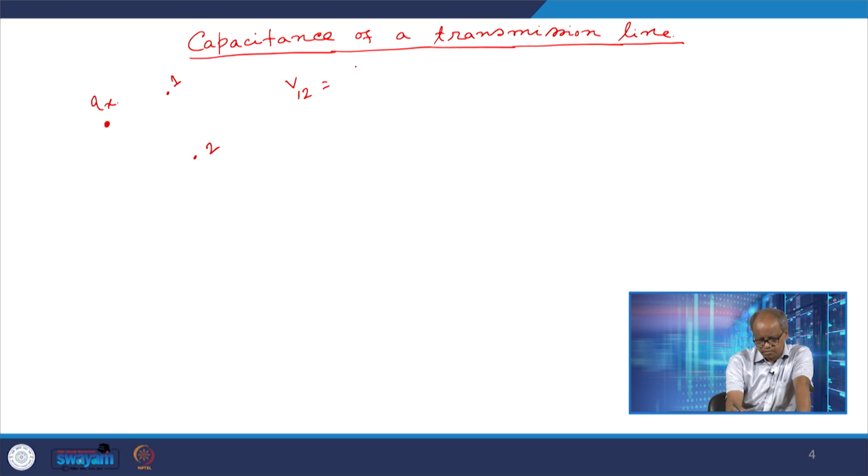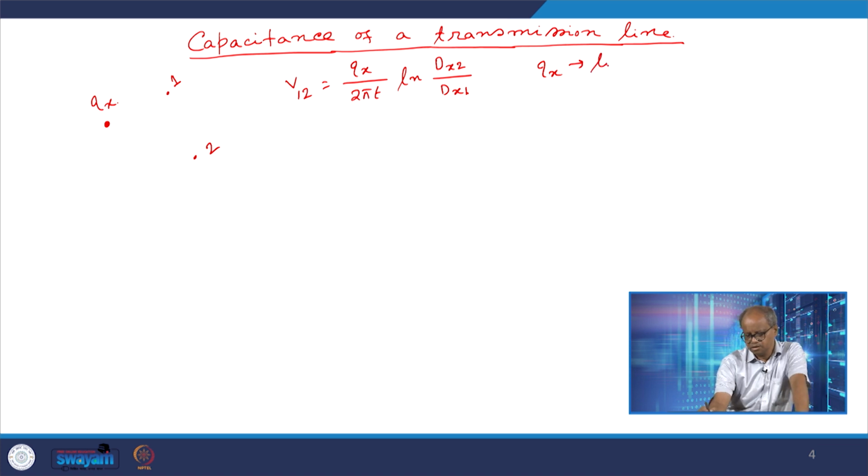So, this is given by Qx by 2 pi E, E is the epsilon, basically the permittivity of the medium, log dx2 by dx1. So, what are these quantities? Qx, we have already said, is the linear charge density.